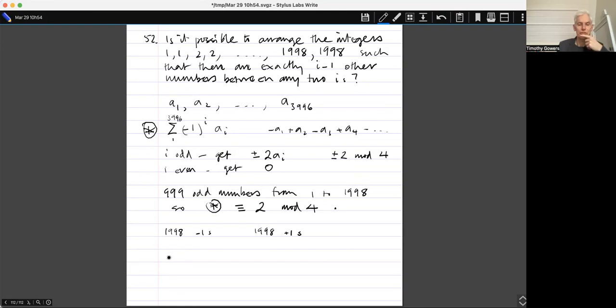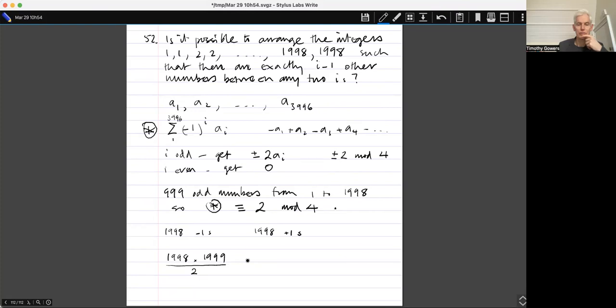Let me just do it in a slightly cheating way. So 1, 3, 6, 10. No, I'll do it like this. So the sum of the numbers from 1 to 1998 is 1998 times 1999 divided by 2.